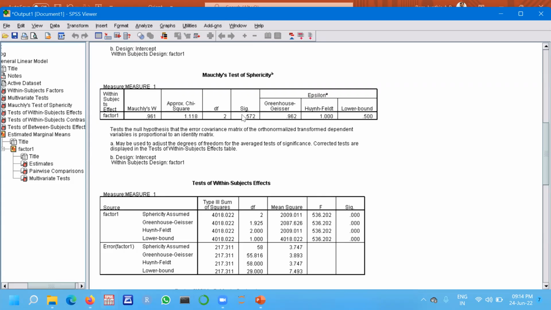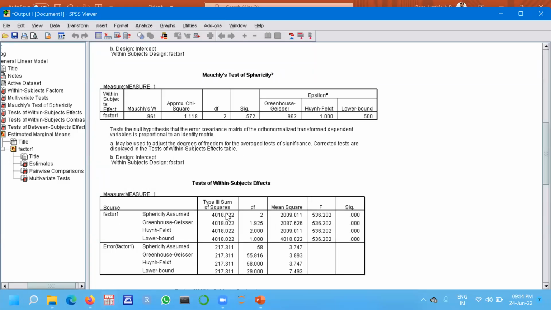Now, suppose this value is less than 0.05, then what to do? Then we have to go for the Greenhouse-Geisser, and if epsilon is more than 0.75, you have to go for Huynh-Feldt. And if it is less than 0.75, you have to go for Greenhouse-Geisser. Okay, and see whether it is significant or not. Now, in this case, we need not go for all these things.